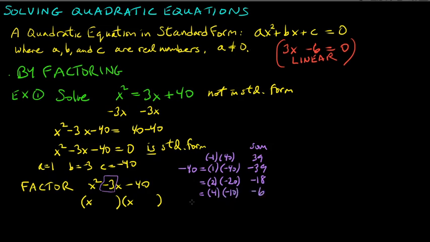Still no match, but we're getting closer. If you divide by 5, you get negative 8, and 5 minus 8 is negative 3. There's our match. So the two numbers that multiply to negative 40 and add to negative 3 are positive 5 and negative 8.